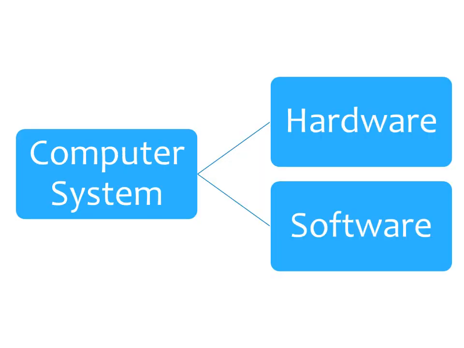Now, computer system is formed by the combination of two parts, that is hardware and software. Both these parts of computer are interlinked, that is they cannot work without each other. All the parts which we can see, feel and touch are called hardware, and on the other hand, the set of programs which bring these hardware parts in working condition is called software.